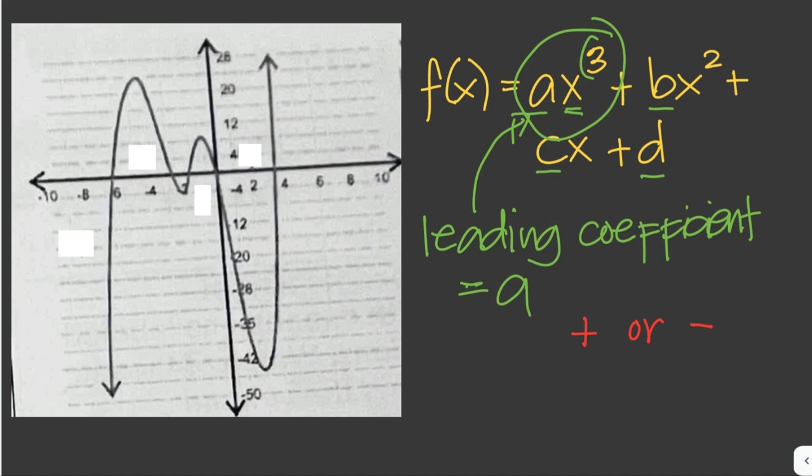So, if the graph goes up to the far right, let's say that one, then that means the leading coefficient is positive. In this case, the leading coefficient is a, so a here is positive. But if the graph goes down to the far right, so if the end behavior of the graph looks like this, goes down to the far right, then the leading coefficient is negative.